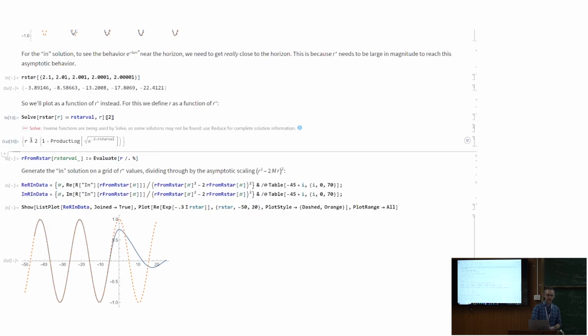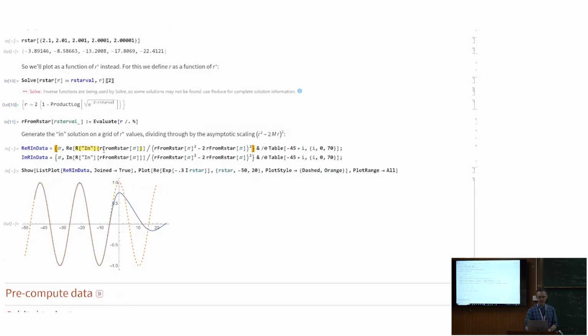And so for that, I'm going to calculate R as a function of R star, because the Teukolsky radial solution is being output as a function of R, not as a function of R star. So here I'm defining R as a function of R star.